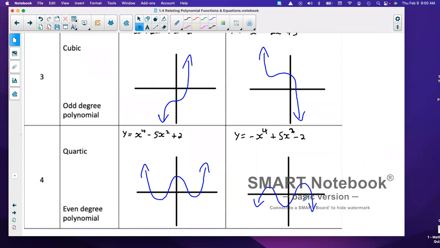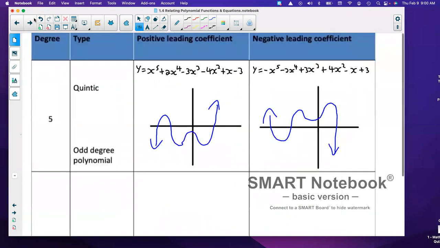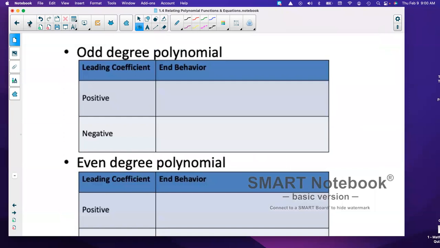So next we'll look at how we can put those patterns into descriptors. So if we have an odd degree polynomial and we have a leading coefficient that's positive, we'll talk about what our end behavior is. So what we'll say is as x goes towards negative infinity, so in other words, as we go towards the left side of our graph, y is going to go towards negative infinity.